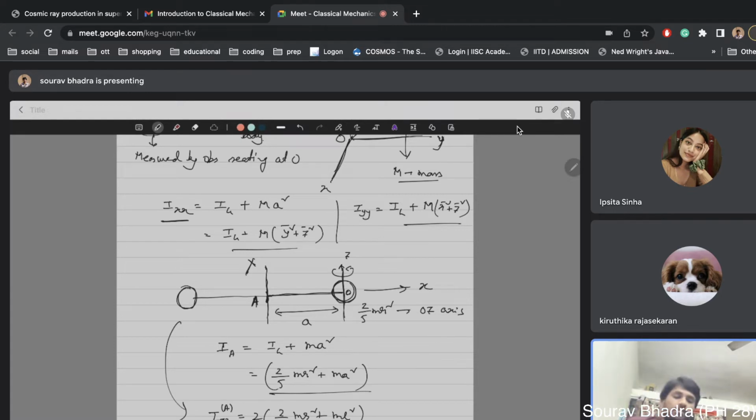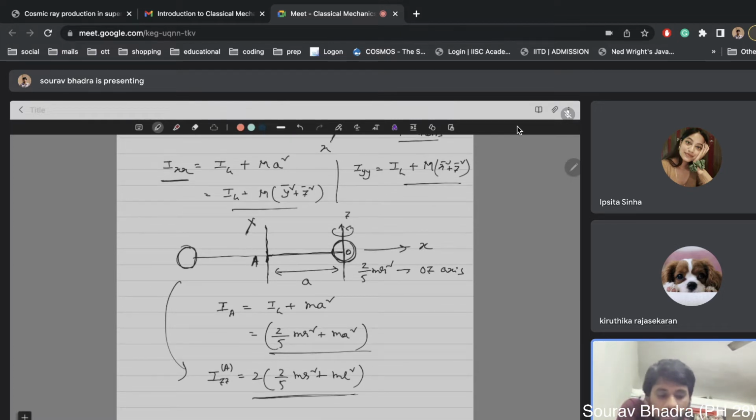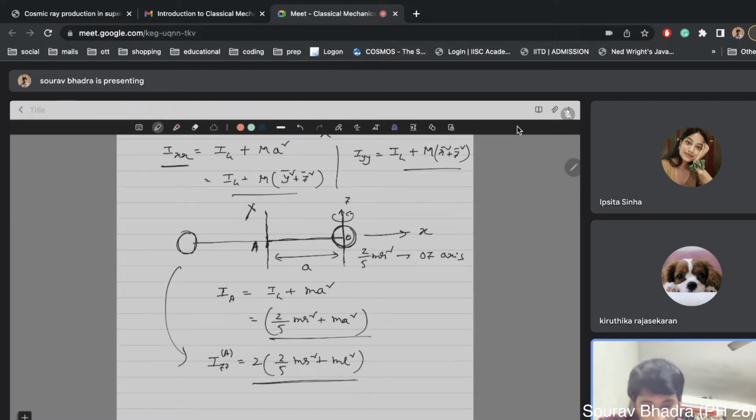Yeah, I think I have done it in a correct way. Yes, because Ixx will be 0 for this case. You can check that also, because if you write your moment of inertia tensor, you can find that it is 0. Okay. Yes, so let's go ahead.